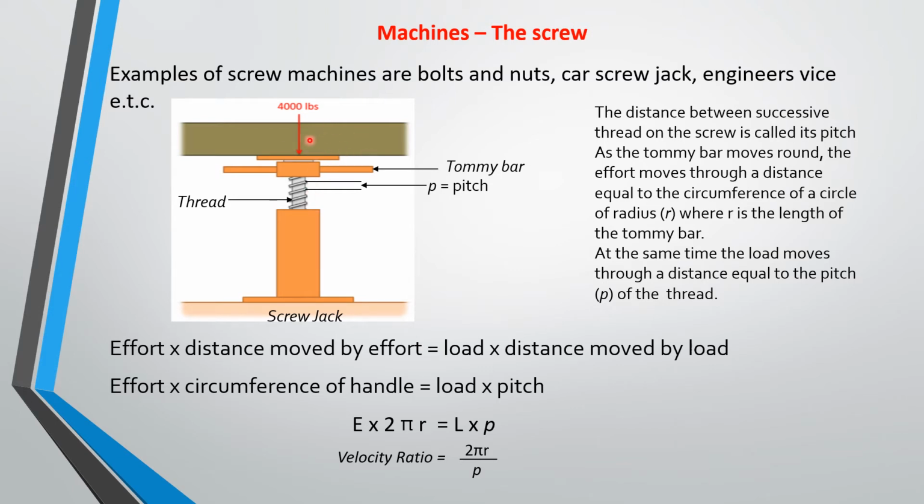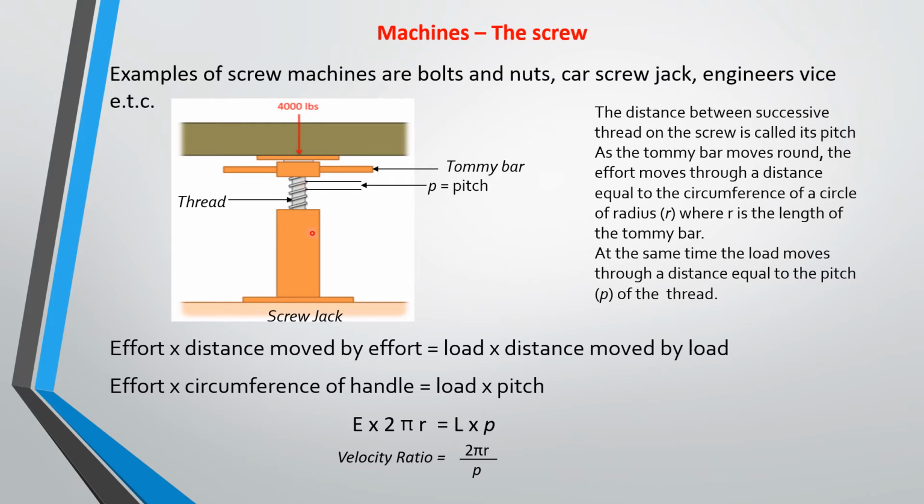Now, assuming this is your car, as you are turning it, the thread will be moving. So the distance between the threads is called a pitch, while the turning bar will move round. So when this turning bar moves through one complete circle, the thread will move through a distance equal to one pitch.